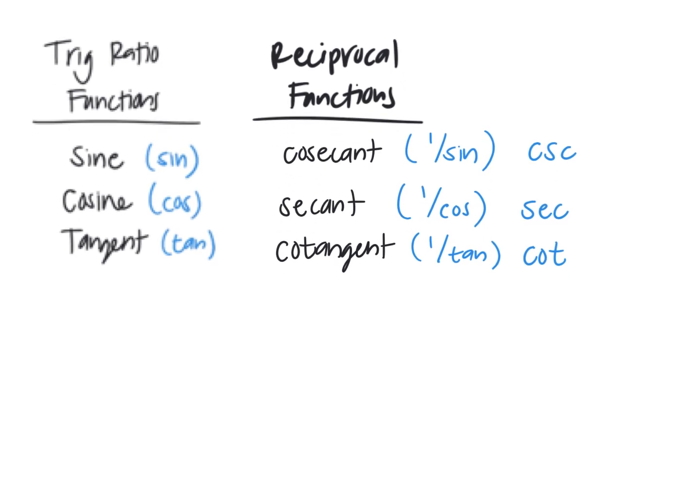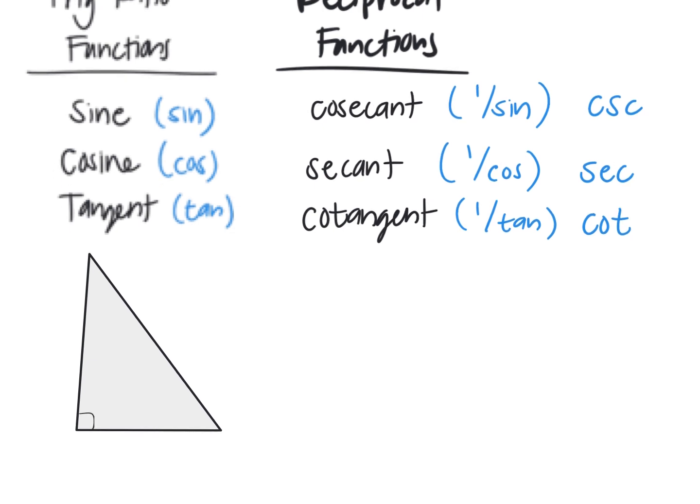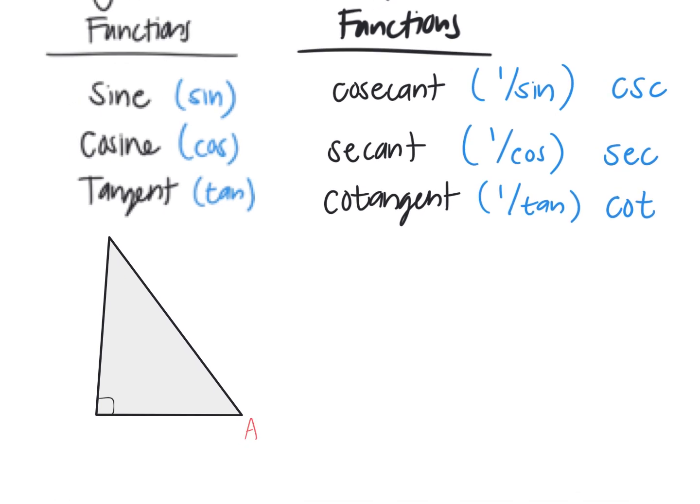All right, let's draw a little picture of a right triangle here. Oh, it's kind of tilted there. That's good enough. So my right triangle, always denoted with a little right angle on the bottom there. Let's say that this is side length A. From side length A, I want to label my adjacent, my opposite, and my hypotenuse.